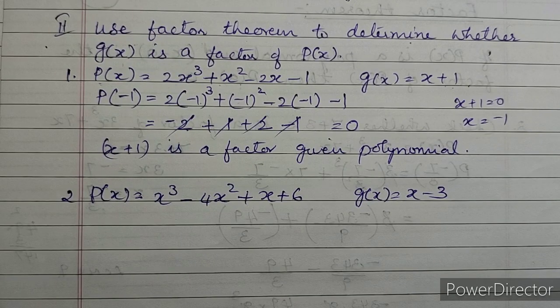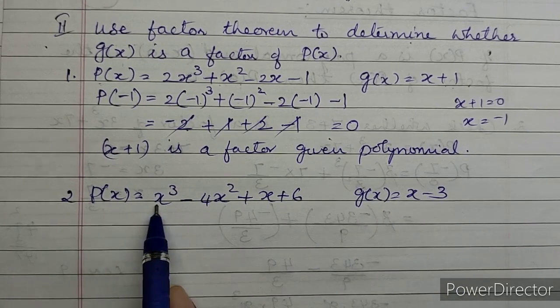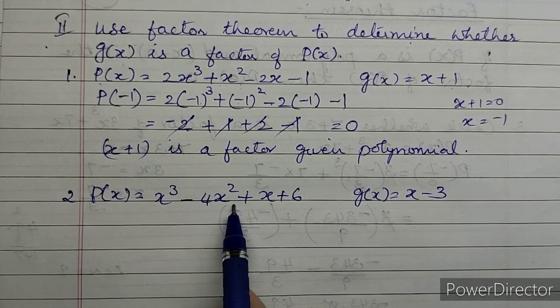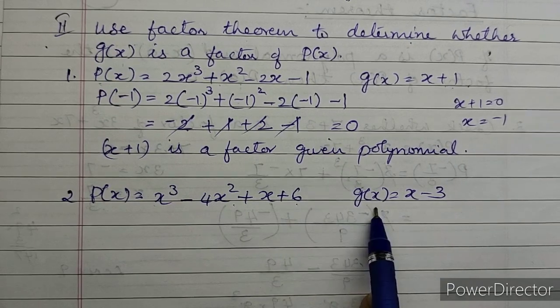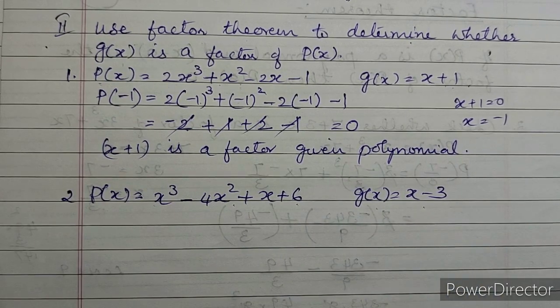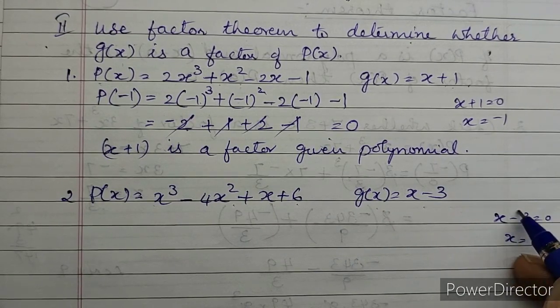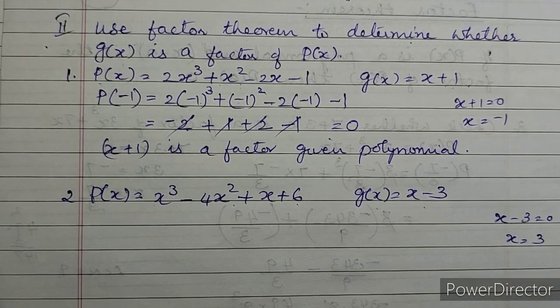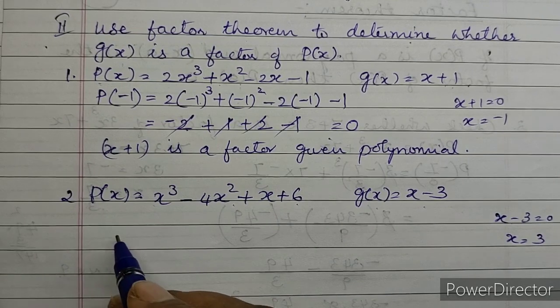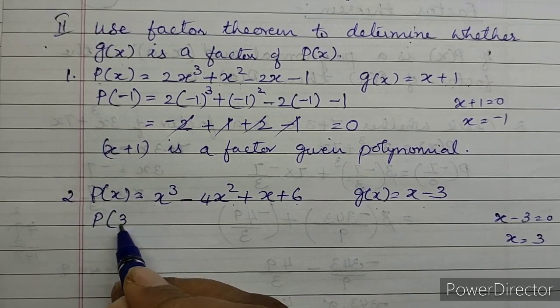Similar type, one more sum I will show you. P of x is equal to x cube minus 4x square plus x plus 6. G of x is equal to x minus 3. So x minus 3 equals 0 means x is equal to negative 3, which will change to positive 3. So you have to substitute x equals positive 3.